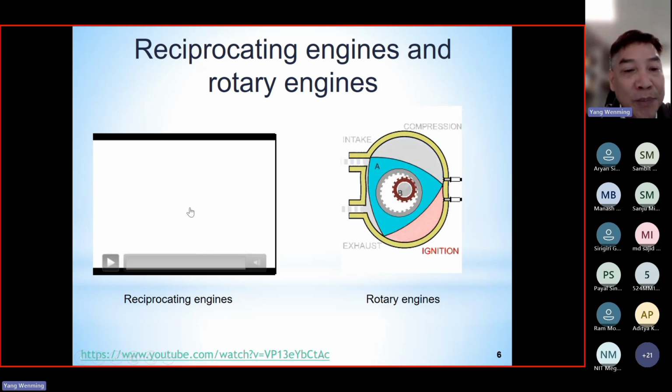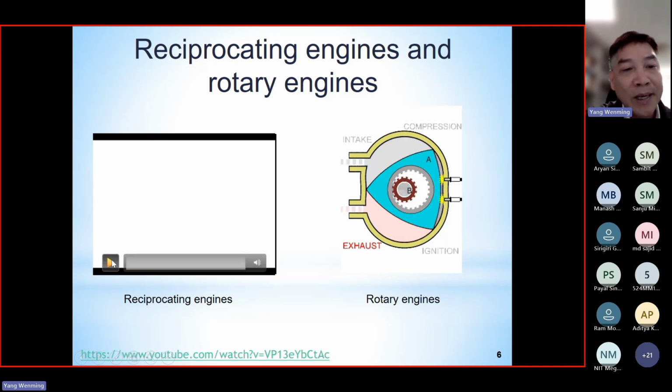Now let me show you how the reciprocating engine works. This one is very simple.